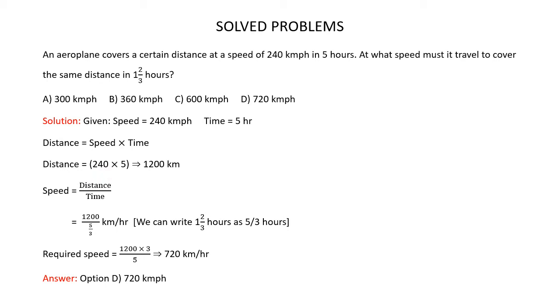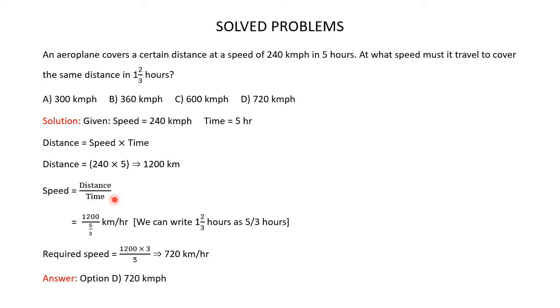Now we have to find the aeroplane speed to cover 1200 kilometers in 1 2 by 3 hours. Now 1 2 by 3 hours is nothing but 5 by 3 hours. So now we know the distance as 1200 kilometers and time as 5 by 3 hours. The formula for speed is distance divided by time.